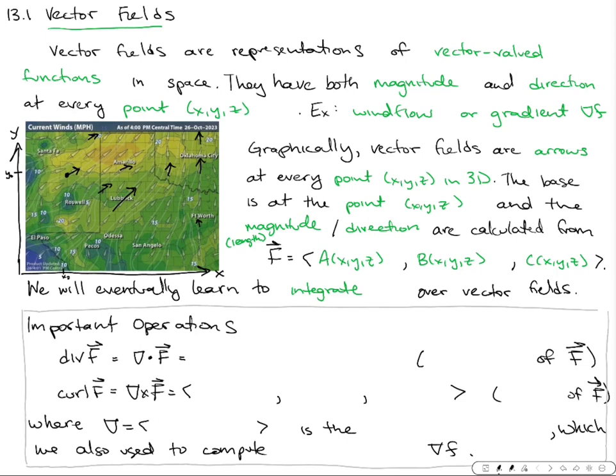When we're working with vector fields, we're going to have a few important operations that we need to be able to calculate.